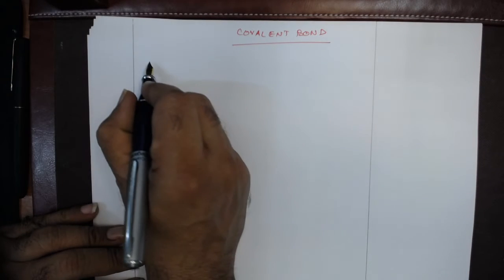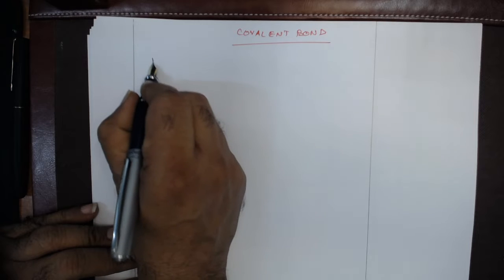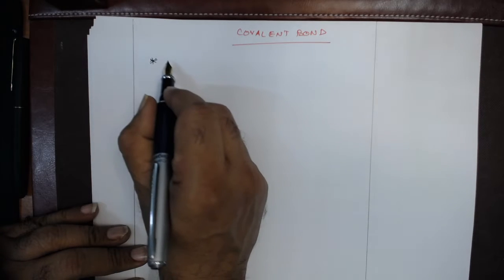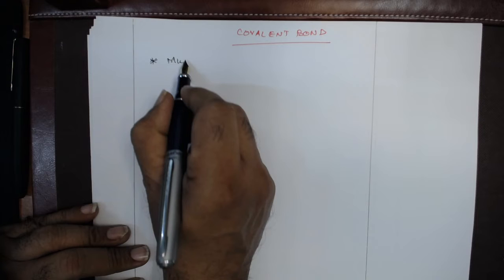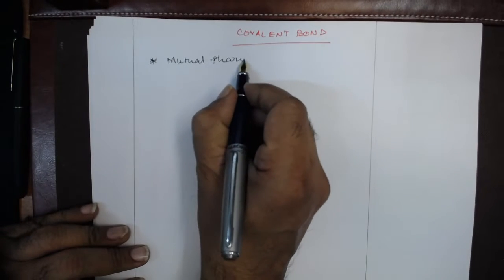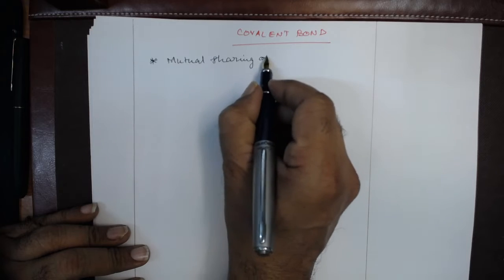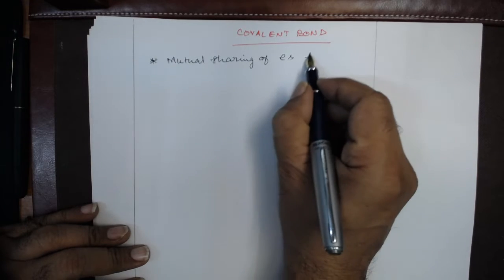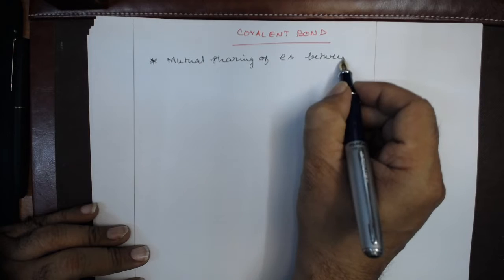A covalent bond is formed due to mutual sharing of electrons between two atoms.